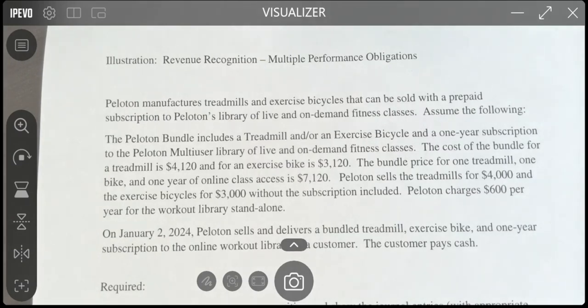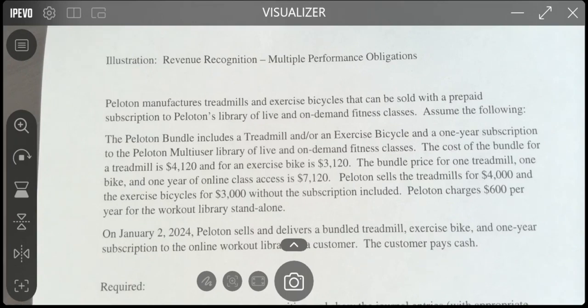The cost of the bundle for the treadmill is $4,120, if you just buy the treadmill and the service. If you buy the exercise bike and the service, it's $3,120. So in other words, you get the service for $120 rather than $600 if you buy it in conjunction with the equipment.